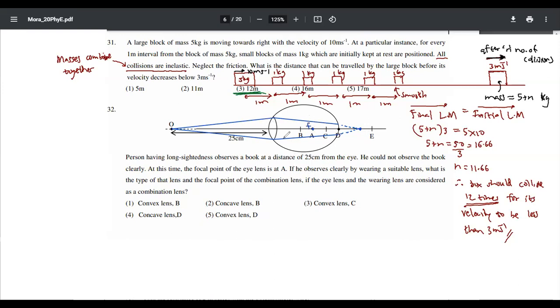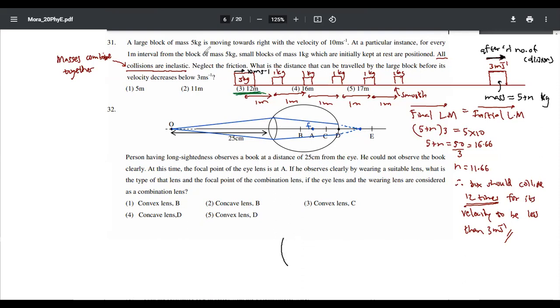Eye lens. Now, what should I do? What lens should we want to rectify this, people? Hurry up. Convex. Yeah, convex lens. So when you wear a convex lens, what happens?